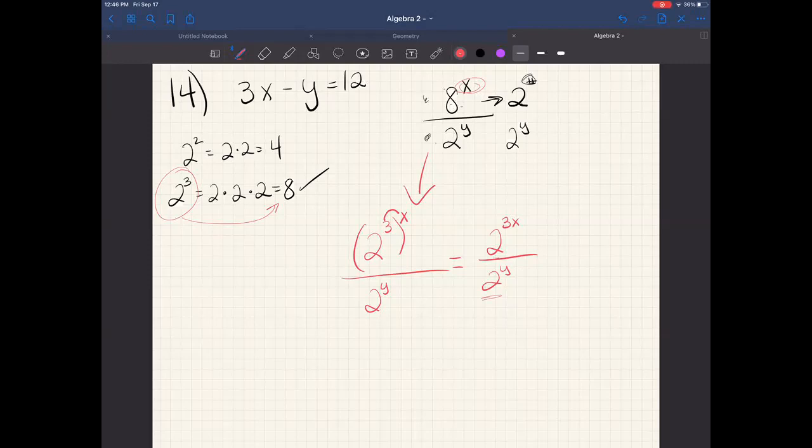So I can rewrite this as 2 to the 3x minus y. Yes? We see what I did there. I'm using the property of exponents to change this up a little bit. Now 3x minus y, doesn't that look familiar?